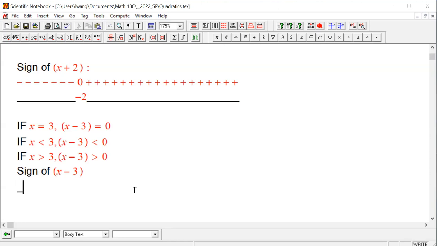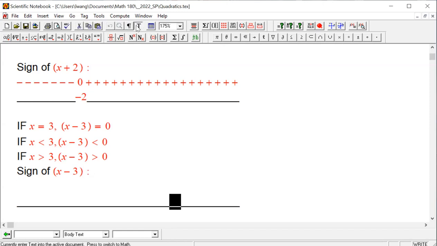We're going to draw a number line again. I'm going to find a place for 3. For less than 3, x minus 3 is going to be negative. For equal to 3, it is 0.